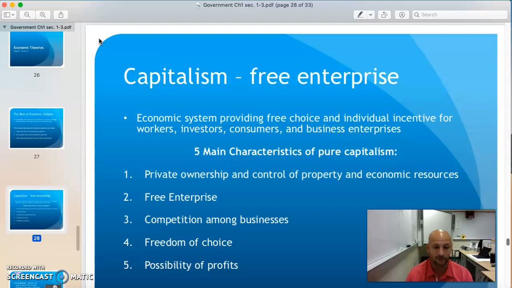There was no government intervention on a price ceiling or price floor. They were able to charge what they wanted for their product, and they paid dirt-cheap wages. These people were abused, working 24-hour shifts and dying on the job in Carnegie's plants, until unions started to be formed. So capitalism, this is kind of the beginning of what happened in America.